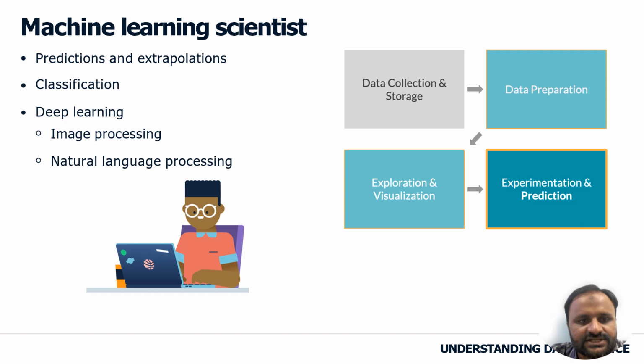This scientist uses training data to classify larger unseen data, whether it's to classify images that contain a car or to create a chatbot. They go beyond traditional machine learning with deep learning. Within the workflow, they do the last three stages with a strong focus on predictions.